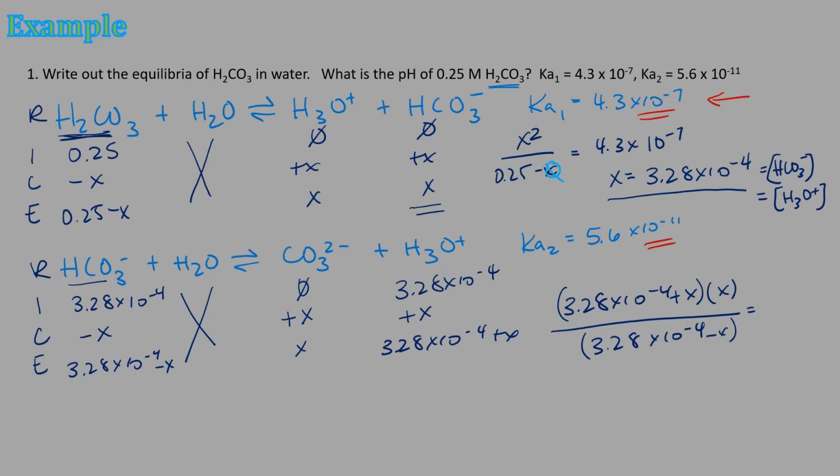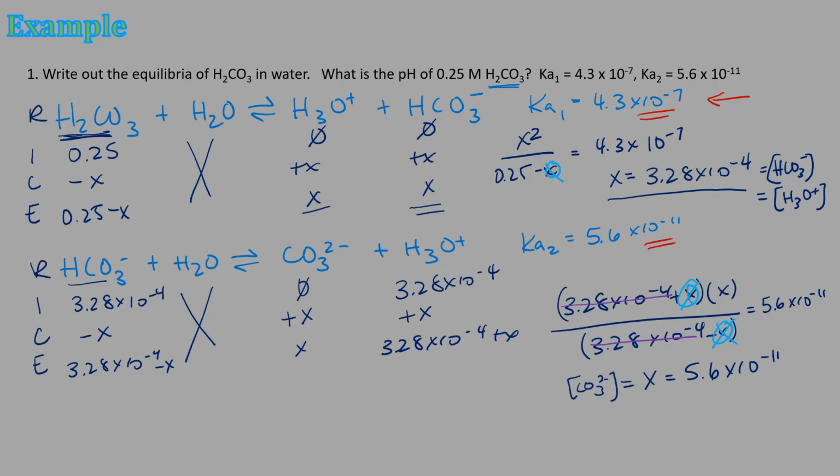That's going to be equal to 5.6 times 10 to the negative 11. This x is negligible, and this x is negligible. What ends up happening is these two cancel out. So my x value is 5.6 times 10 to the negative 11, and that would be equal to carbonate.